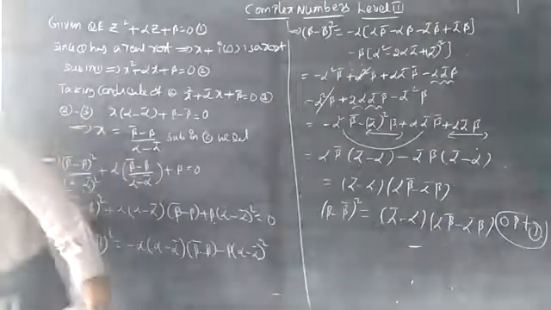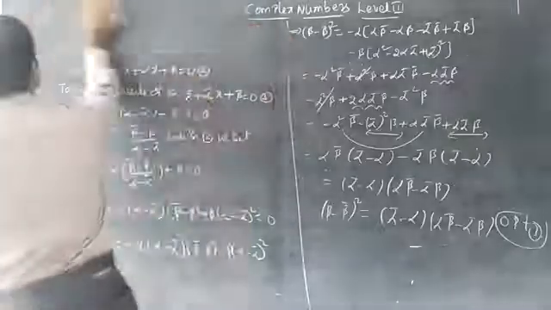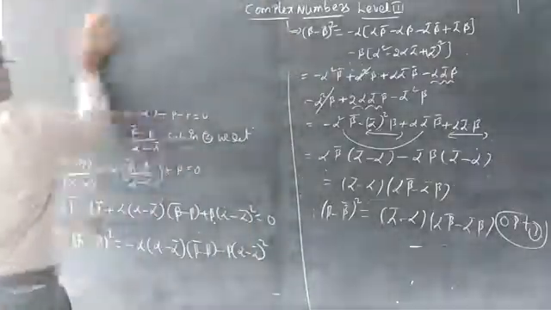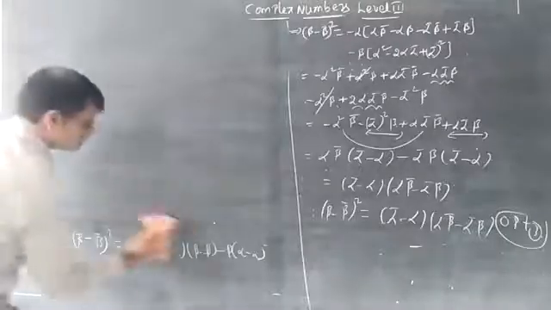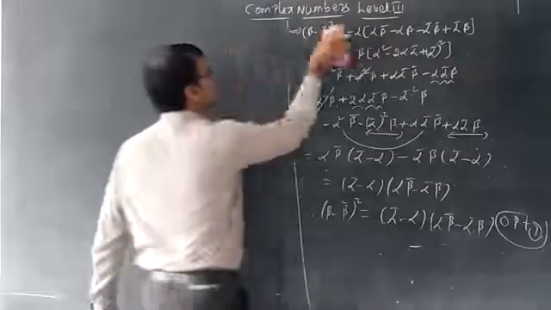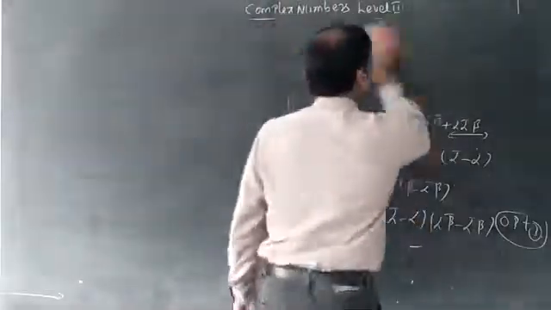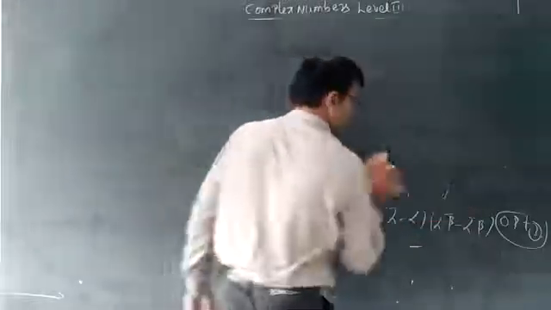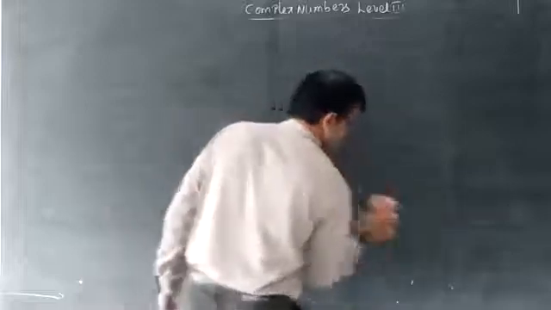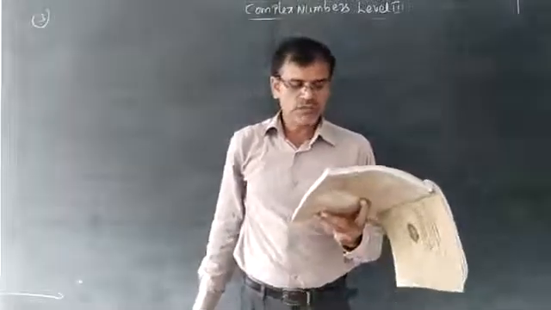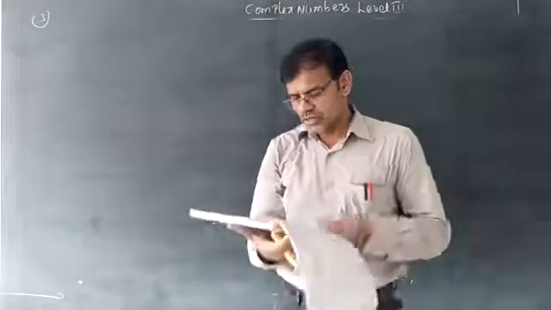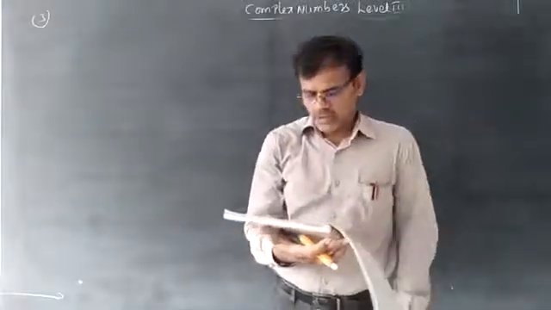Now the third question is going on. Third question: if Z1, Z2 are complex numbers such that Z1 not equal to Z2, mod Z1 is equal to mod Z2, Z1 has a positive real part and Z2 has a negative imaginary part, then Z1 plus Z2 by Z1 minus Z2.